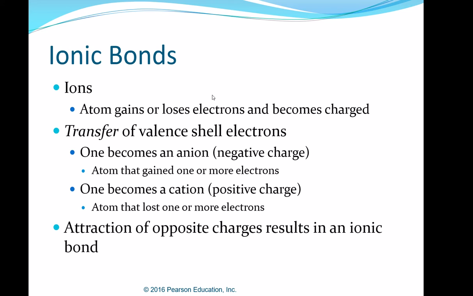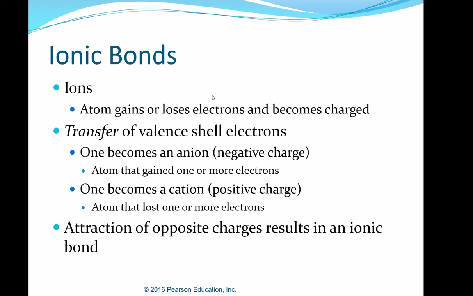When an atom either gains an extra electron or 2 or 3, or an atom loses several electrons, it now becomes an ion. It becomes charged. And so in ionic bonds, one atom will give up an electron or more and becomes a cation, because it's losing electrons, and it becomes positively charged, and one atom will become an anion.